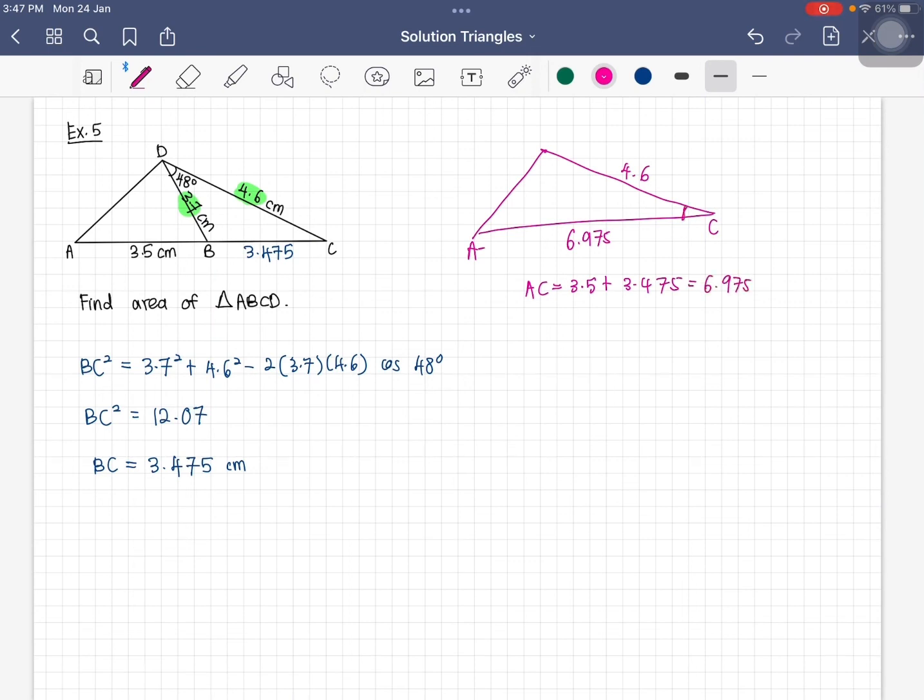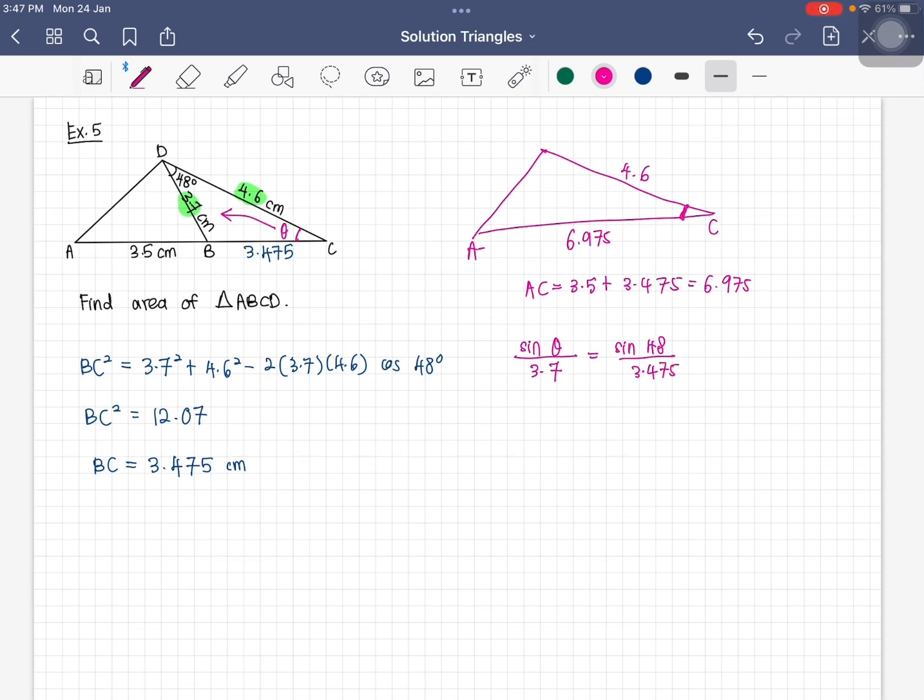So I just need to find an angle there so that I can find the area using half AB sine C. But to find the angle here, you have to use the sine rule. Suppose the angle here is theta. Firstly, sine of theta divided by the opposite side, 3.7, is given by sine of 48 divided by 3.475.